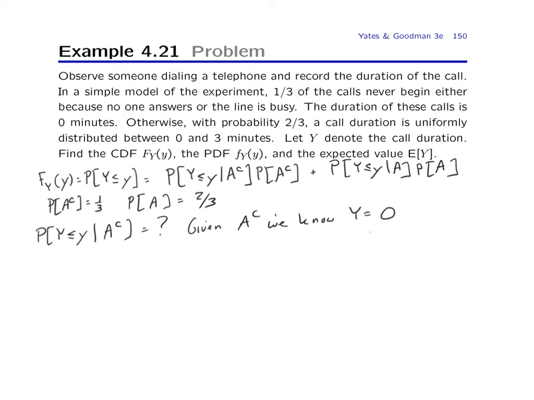So given A complement, y has a PMF with a mass of 1 at 0, and this corresponds to the probability y less than or equal to y given A complement being just equal to the unit step, because it equals 0 for y less than 0, and it equals 1 for y greater than or equal to 0.